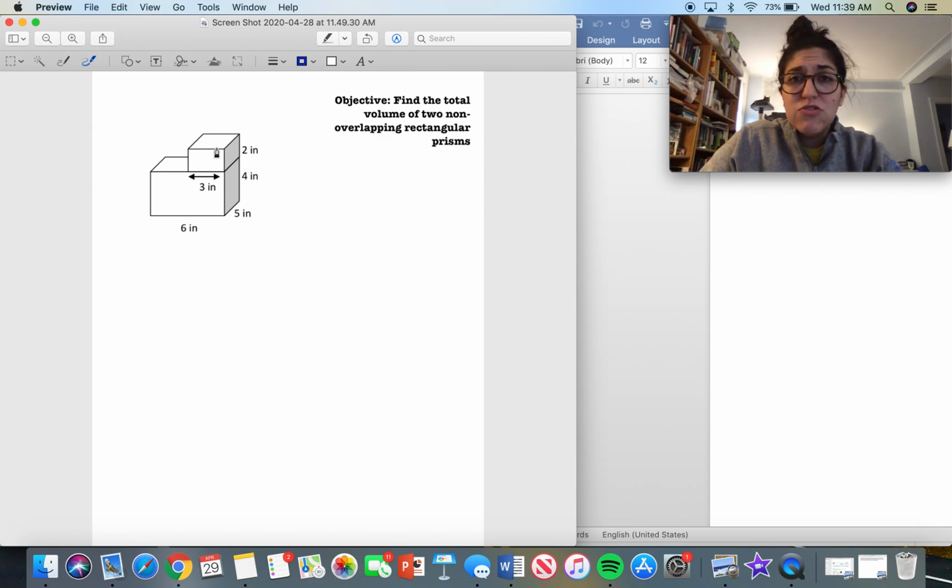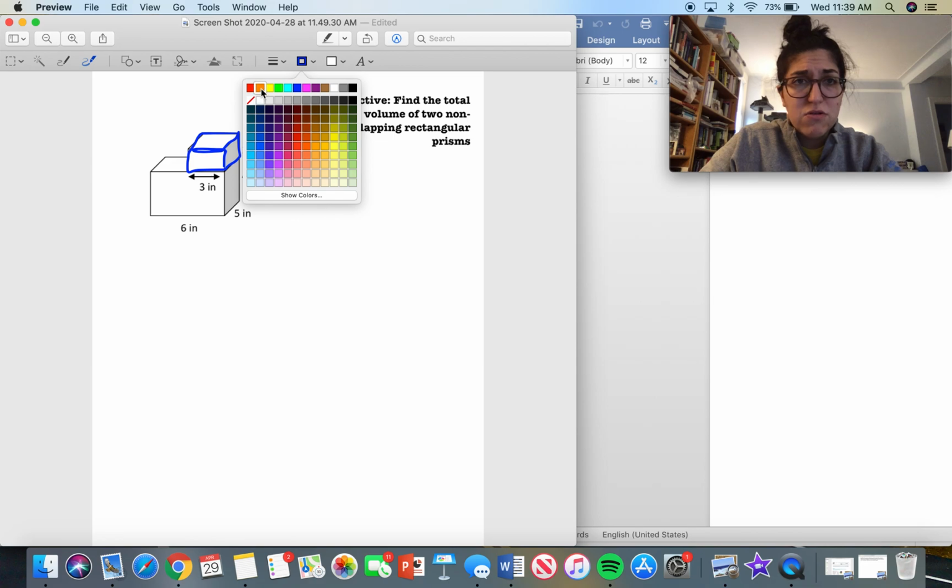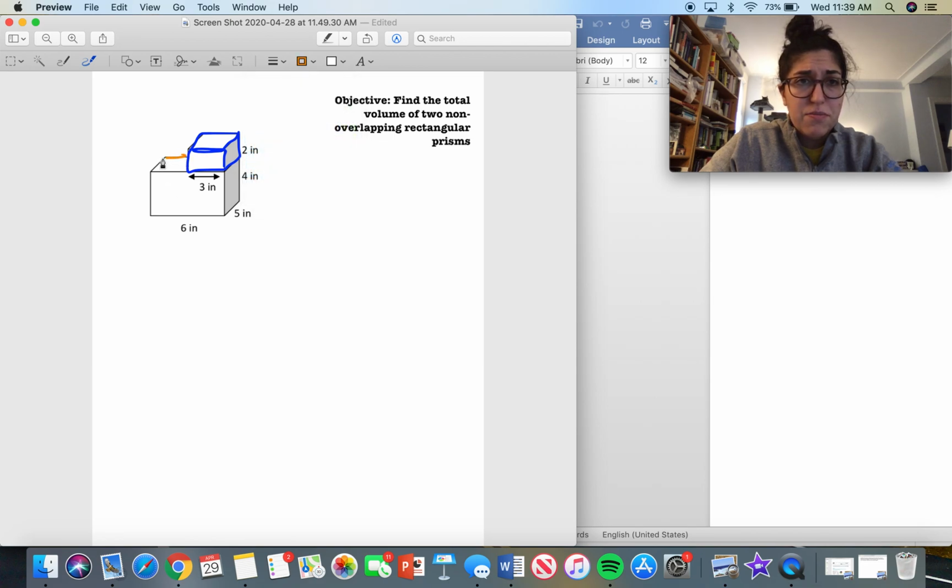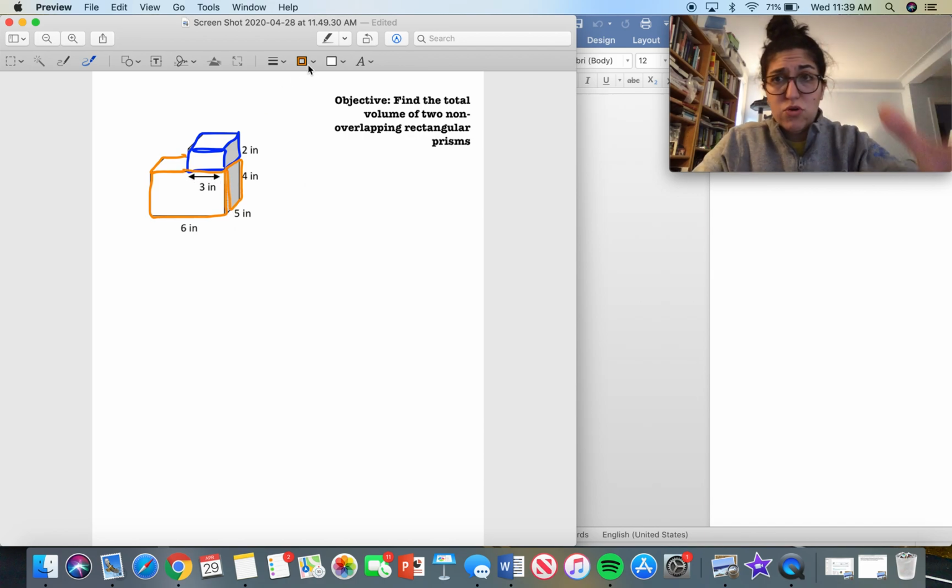So basically what we're looking to do here is figure out how we can find the volume of something like this, right? So if you'll notice, we have these two rectangles. We have the blue rectangle right on top, and then we have, let's make it orange, the orange rectangle on the bottom, and together they would be sort of one whole shape, right?